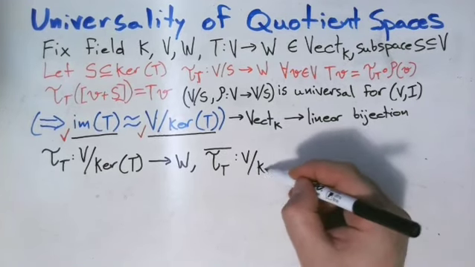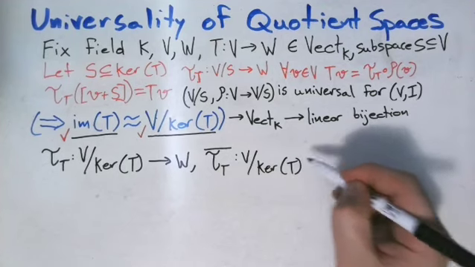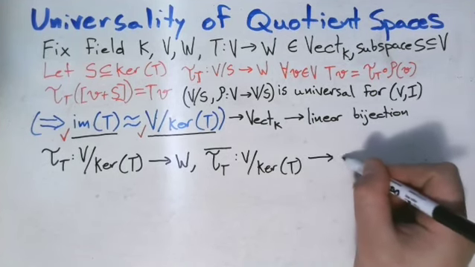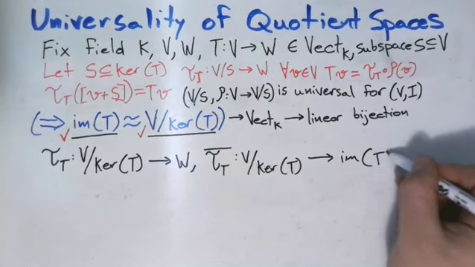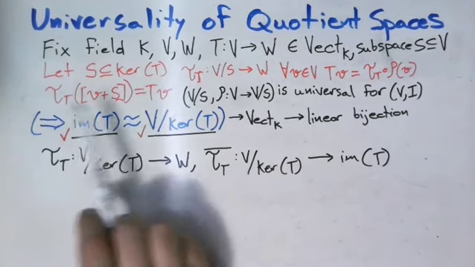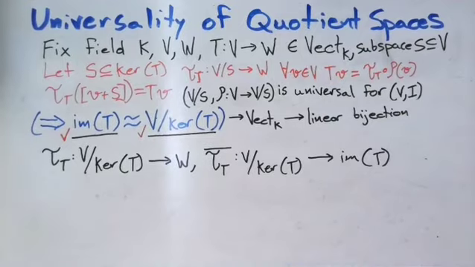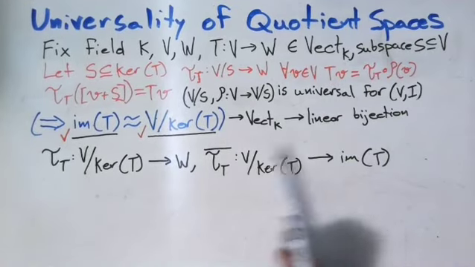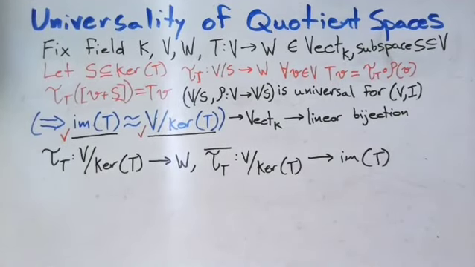It maps from the same space, but this time it goes only into the image of T, right? Because tau of T is just T of V. So tau of T only lands on values that T of V lands on. So this function is going to be properly defined.